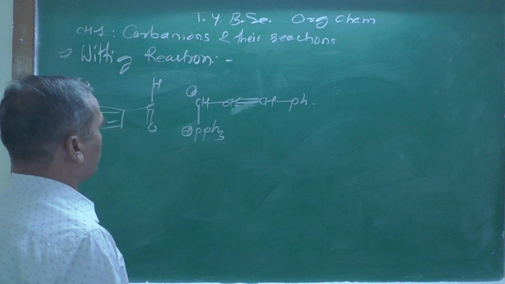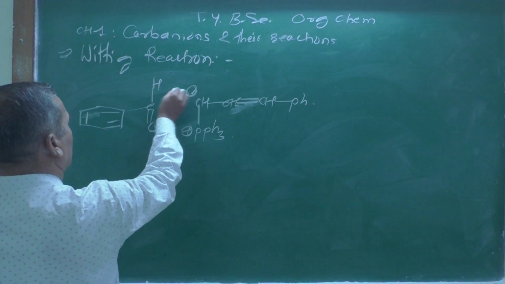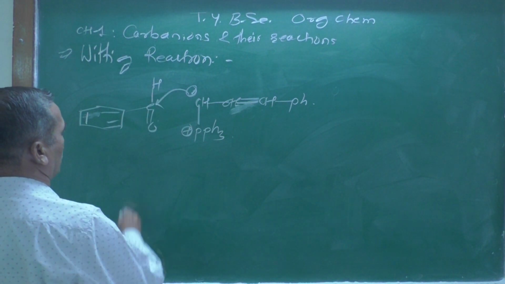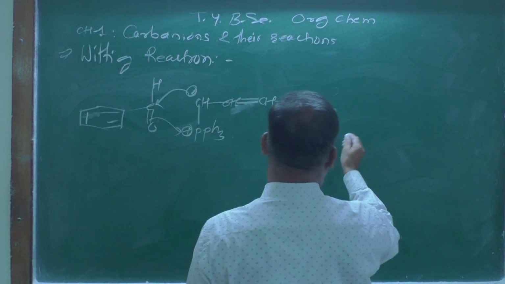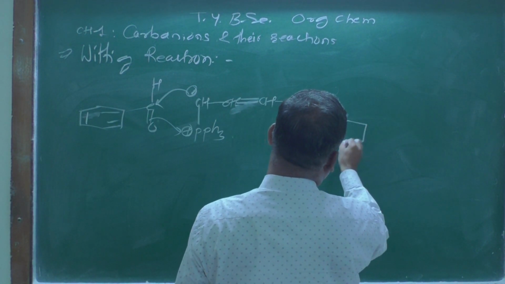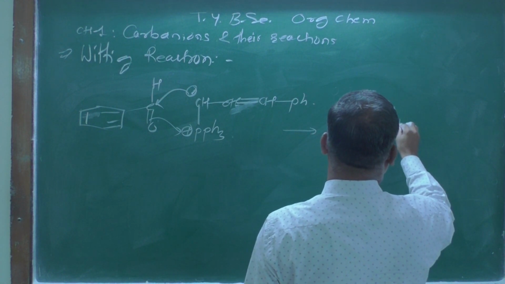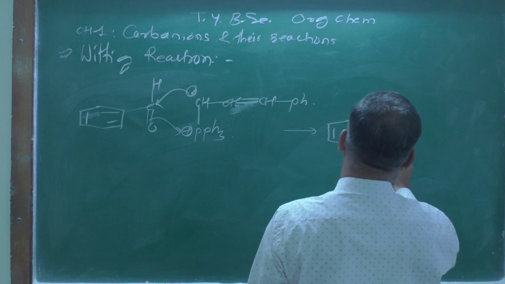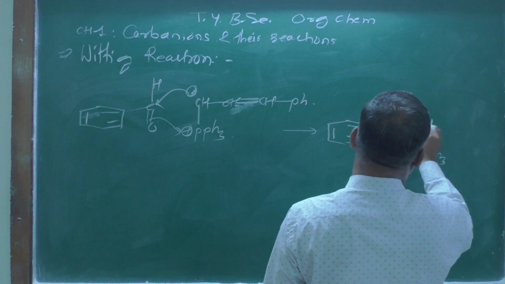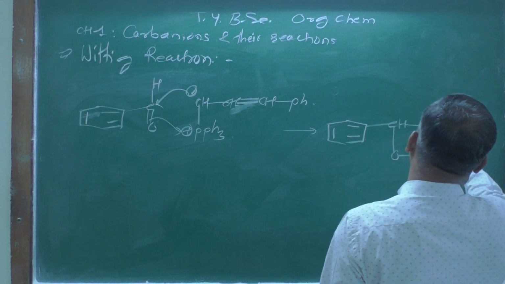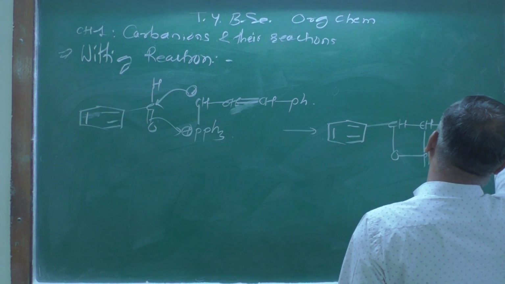In this modified Wittig reagent, the negative charge attacks the carbonyl carbon, and whatever resulting compound is formed is a betaine. So here we can write CH, then O, then PPh3, a CH bond is formed there, then CH=CH and this Ph, right?